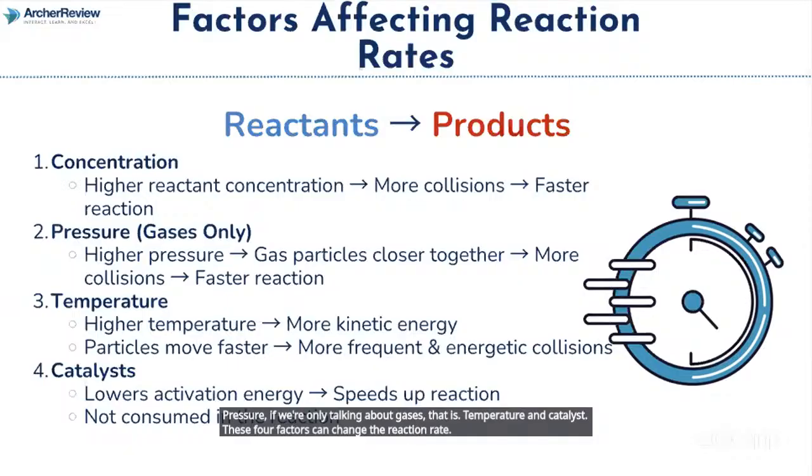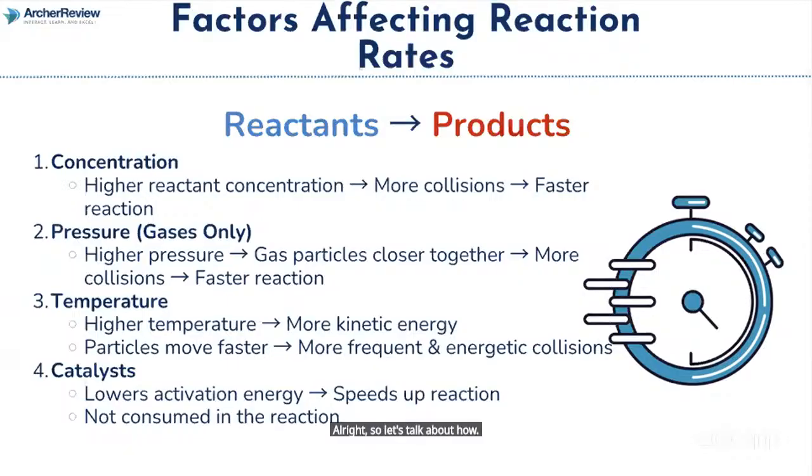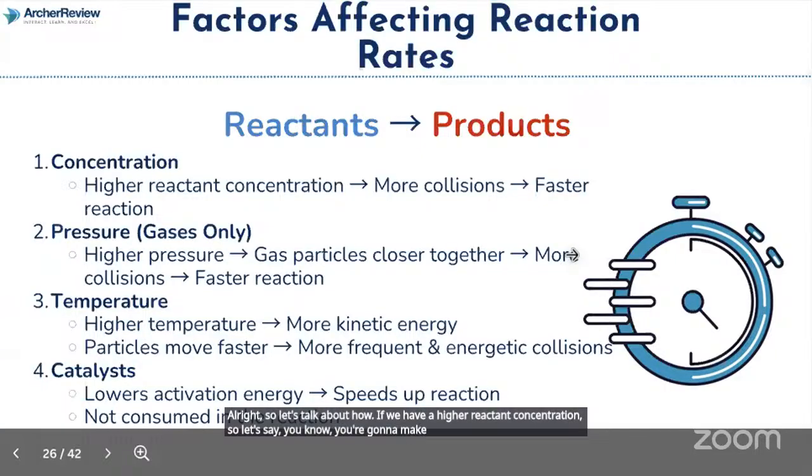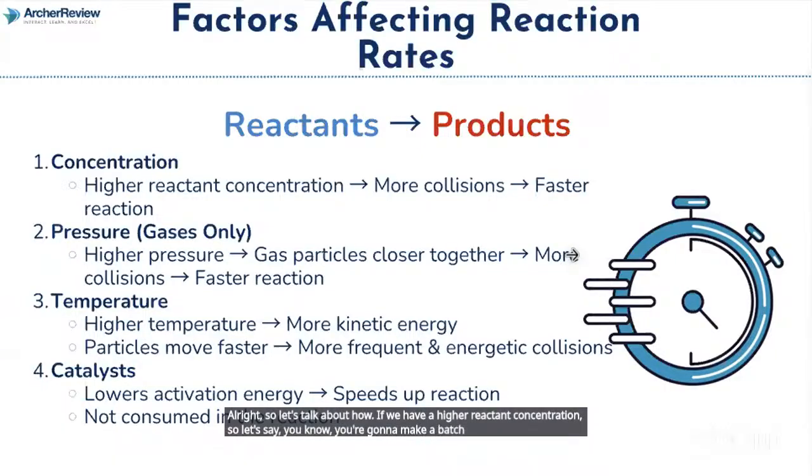All right, so let's talk about how. If we have a higher reactant concentration, so let's say you're going to make a batch of cookies. Maybe this is a good analogy for you. If you are settling for just making 1 batch of chocolate chip cookies, let's see how much stuff we've got in the cupboards and in the fridge.